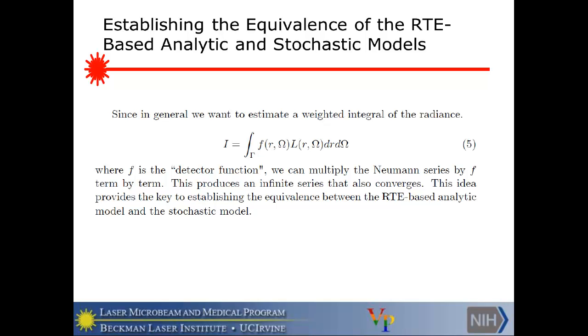Therefore, you get that cancellation and you get the same I. So that's what you have to show if you want to show this connection between the two models. Any questions about that?